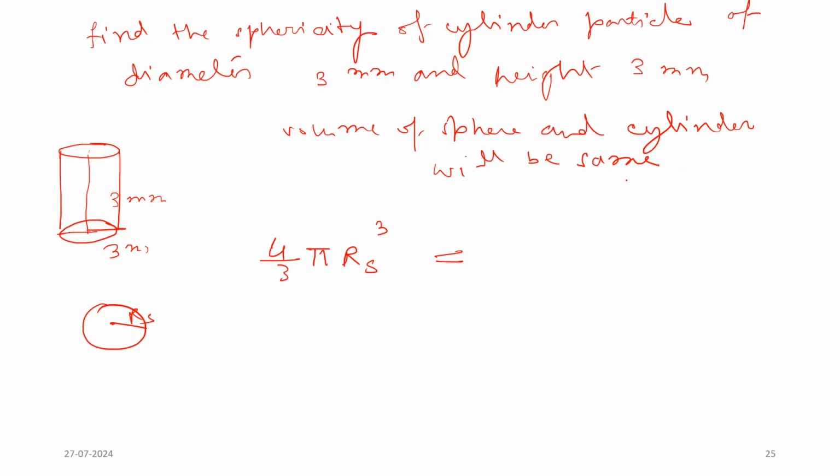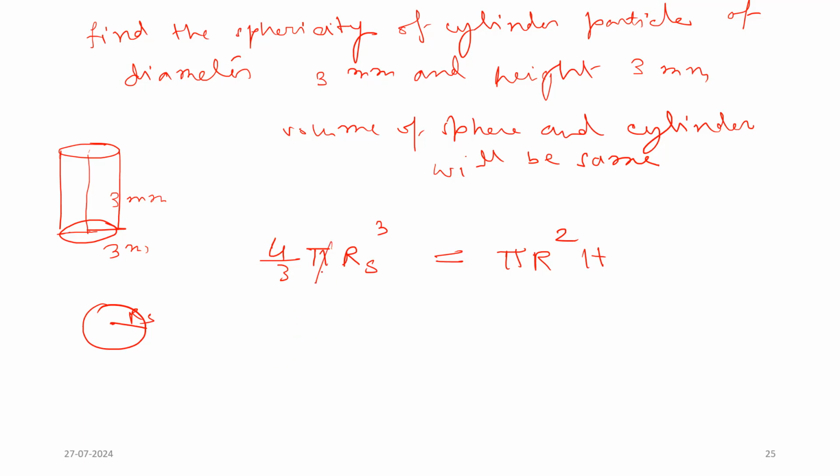Now for the cylinder, the radius is suppose r. So what will be the expression of volume of a cylinder? That is pi r square h. R is given, right? 3/2, that will be r for the cylinder, and h is just simple 3.